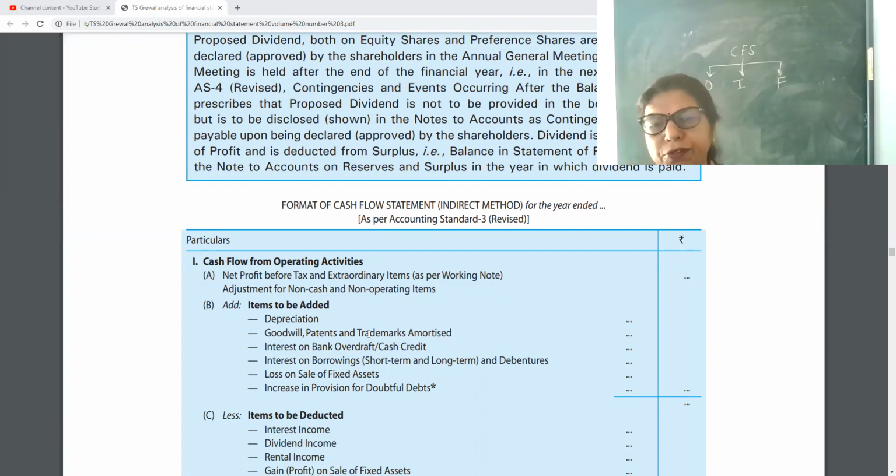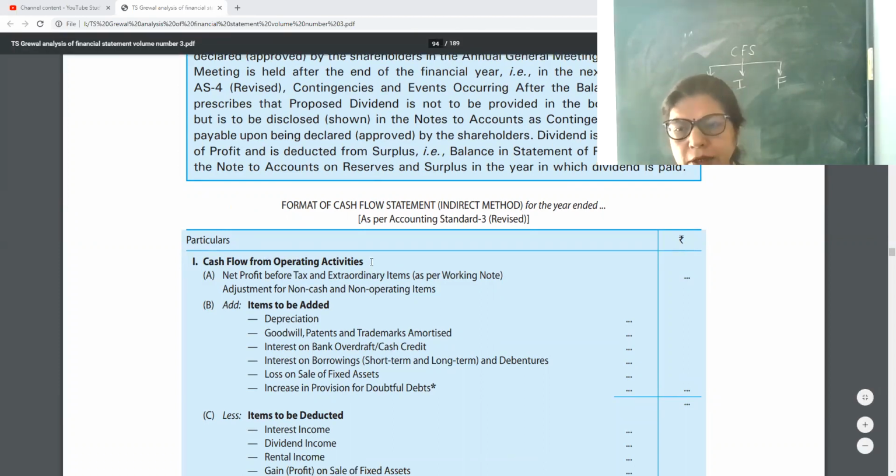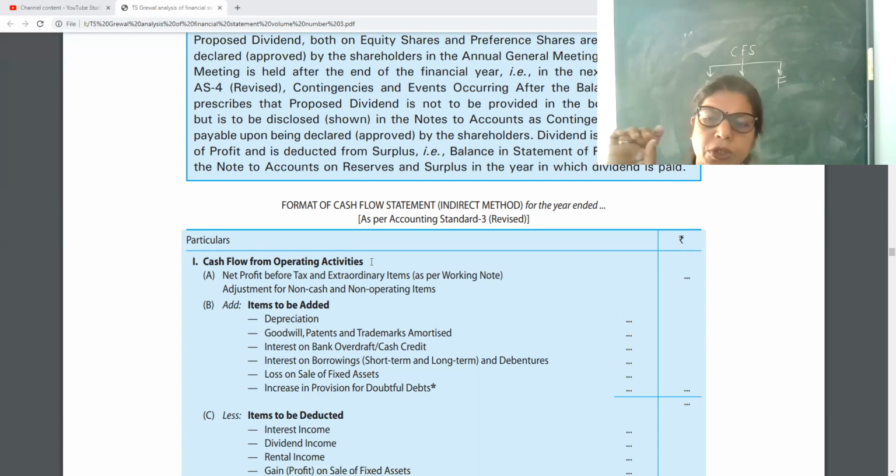Have a blank format first, then it will be easy for you to fill it. Now first, see the font also. Cash flow from operating activity. You can put double lines, underline, and make the big font, or you can write it in capital letters.